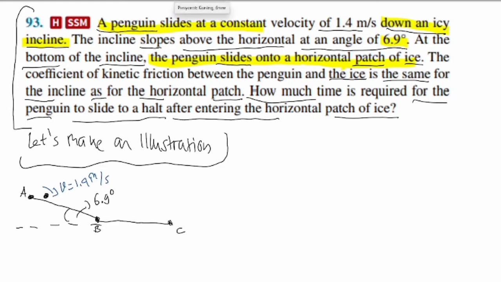And we have the other clue, which is that the coefficient of kinetic friction between the penguin and the ice along A to B is the same as for B to C. So we have mu k for the coefficient of kinetic friction for AB equal to mu k for BC. We have this hint.